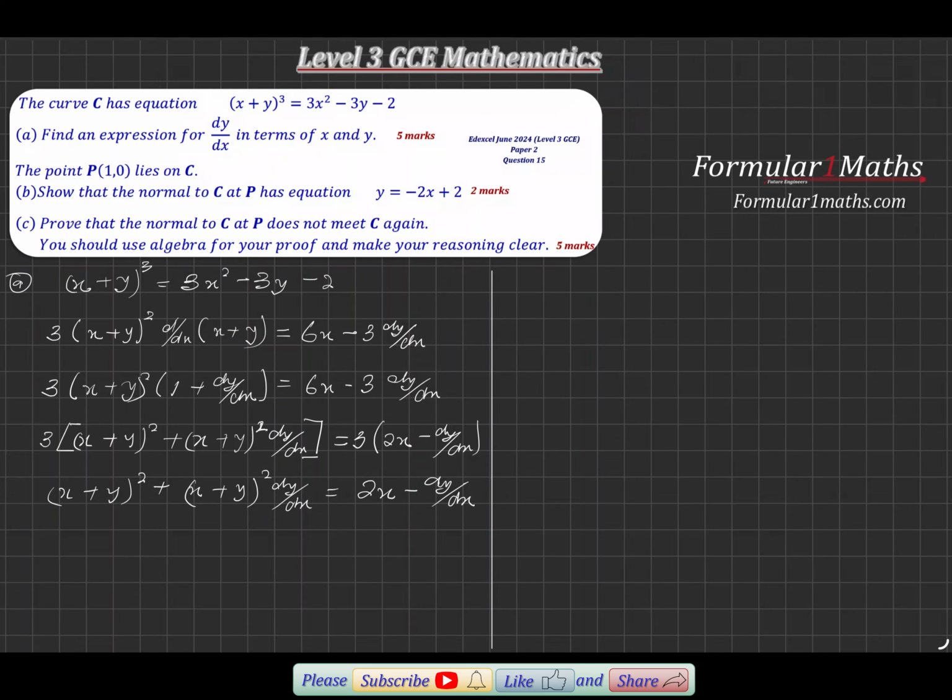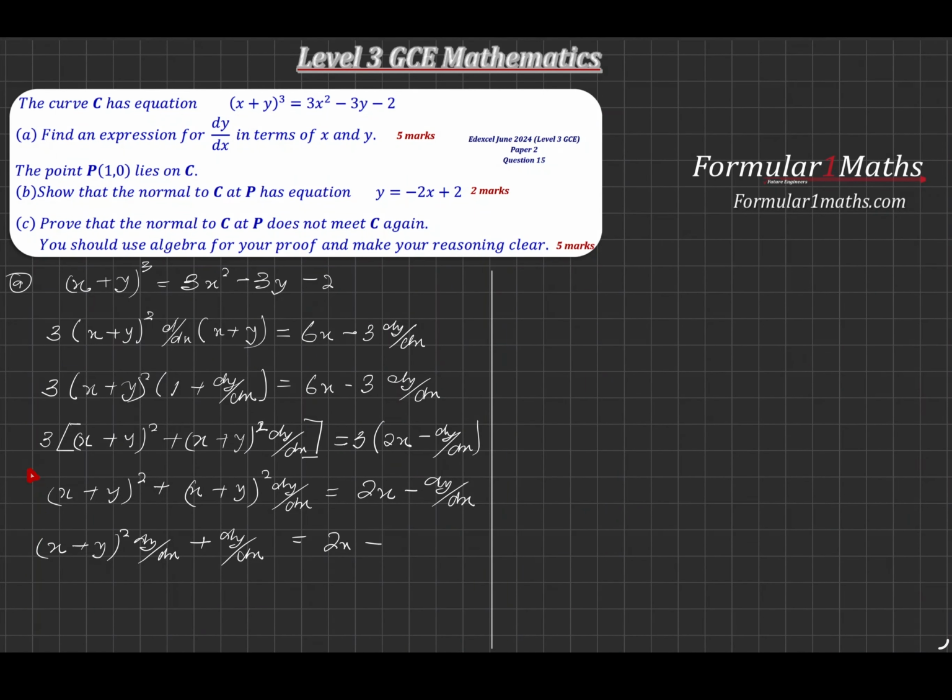So I'm going to bring like terms together now. I get (x + y)^2 dy/dx, and I'm bringing over dy/dx, so plus dy/dx, equals 2x minus this term, which is (x + y)^2.